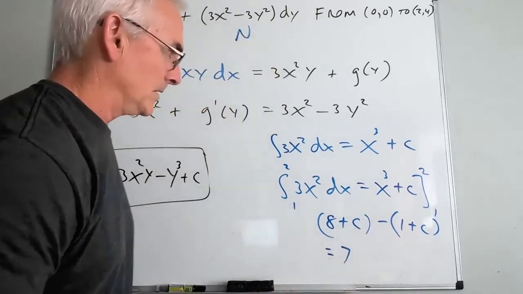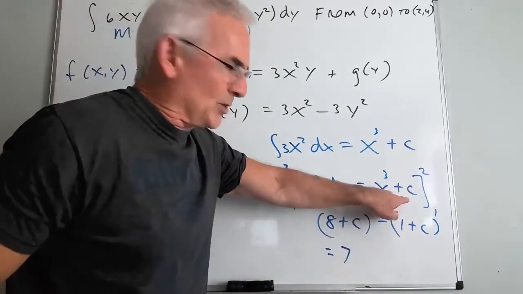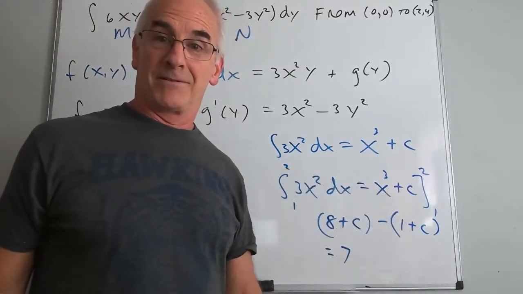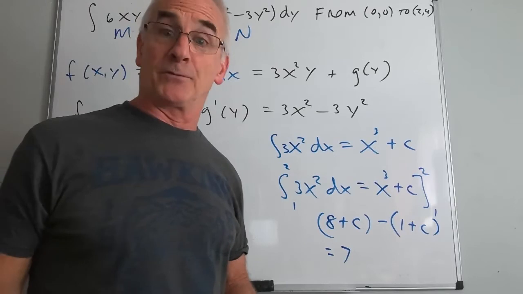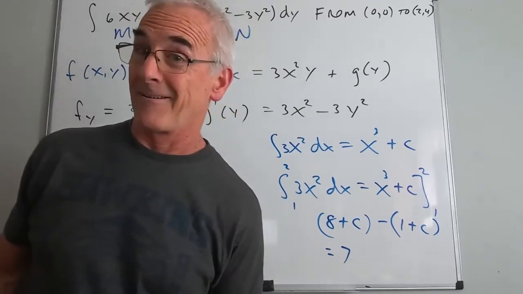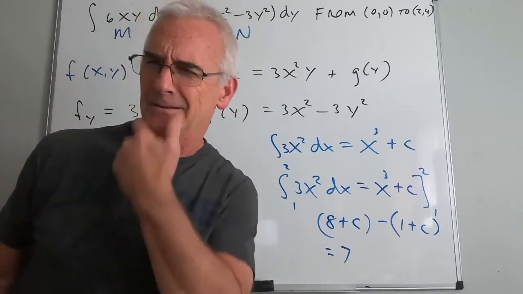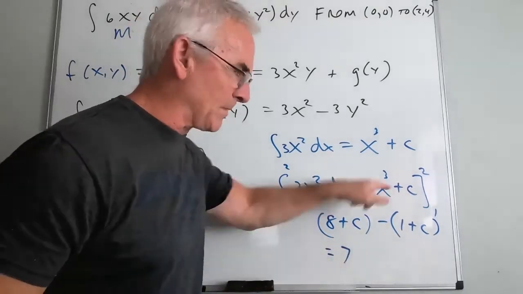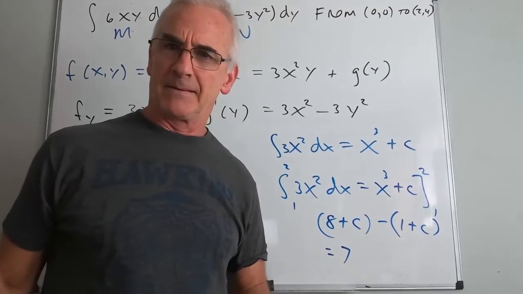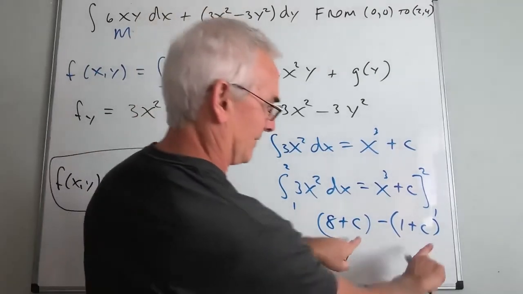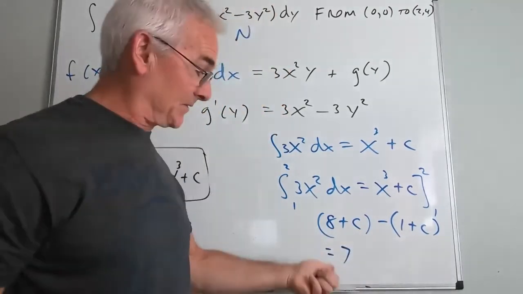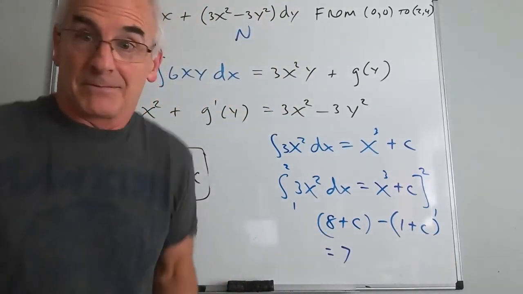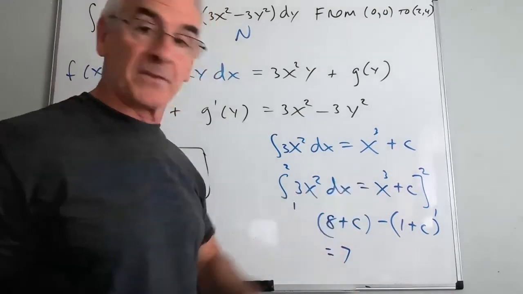7. By the way, what if I chose c to be pi? Would I still get 7? Yes. What if I chose c to be negative 2? Would I still get 7? Yes. In fact, am I going to get 7 no matter the value of c? Yeah, I'm going to get the same answer regardless of the value of c.